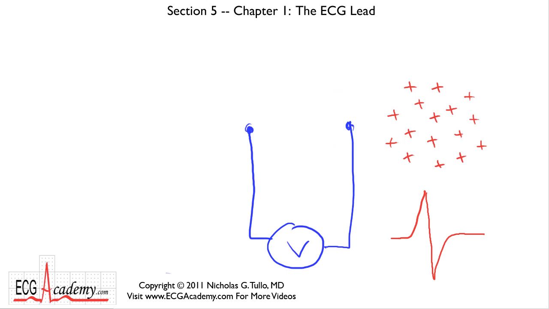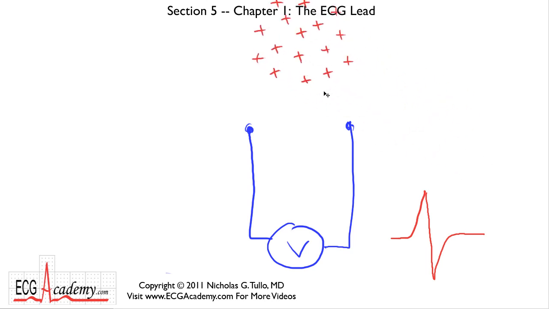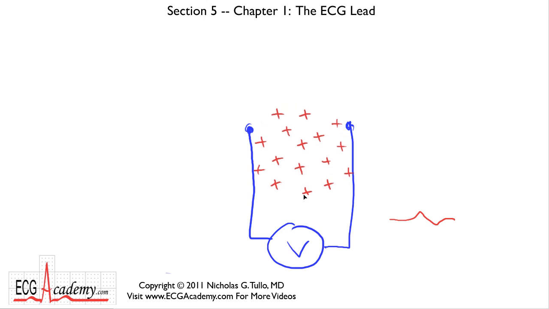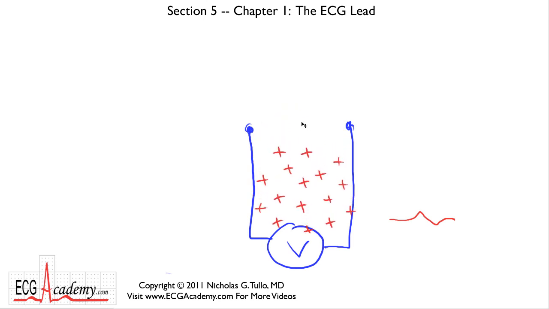But remember, if the electrical signal is traveling in the perpendicular direction, so for example, if it starts up here, let's erase this, and if it reaches both poles at the same time, then there's no difference between the two poles, and the electrical signal that's drawn may be very small or even non-existent as this wave of depolarization travels perpendicular to the plane of the electrodes. Okay, we remember this concept from one of the early chapters.